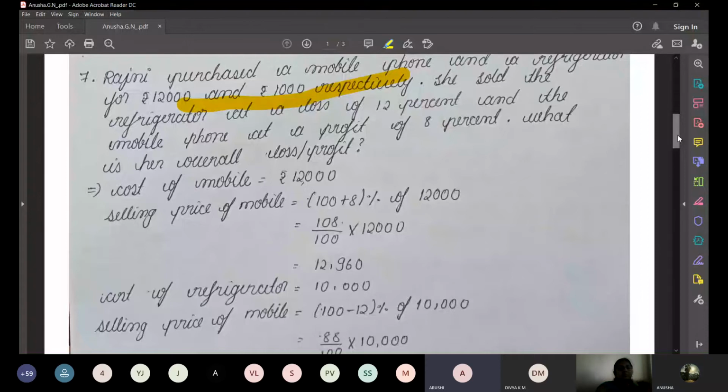They have given the cost of the mobile as 12,000 and the selling price of the mobile is 100 plus 8% of 12,000. 8% profit means we have to add 100 plus 8% of 12,000. The total amount, that is the cost, is 12,000.